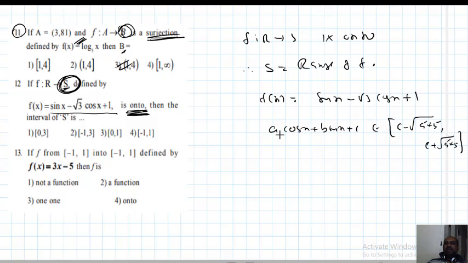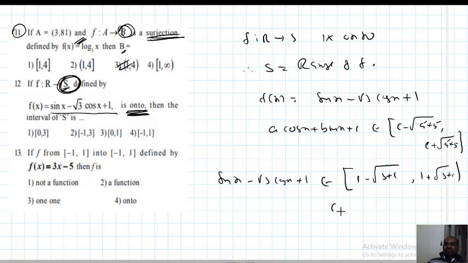That's why a cos x plus b sin x plus c lies between c minus root of a square plus b square comma c plus root of a square plus b square. That's why directly I can say that sin x minus root 3 cos x plus 1 belongs to the closed interval 1 minus root of root 3 square plus 1 comma 1 plus root of 3 plus 1.